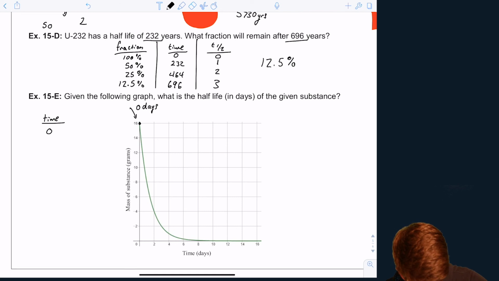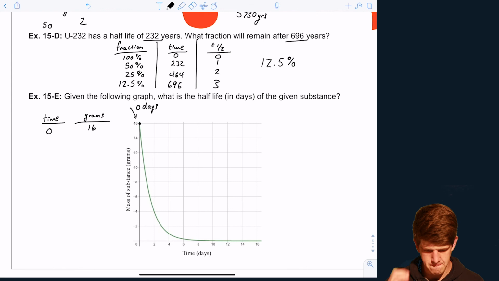Well, now what? I'm going to try to find a place on this graph where I have some value that I can identify as an integer for time and an integer for mass of substance.